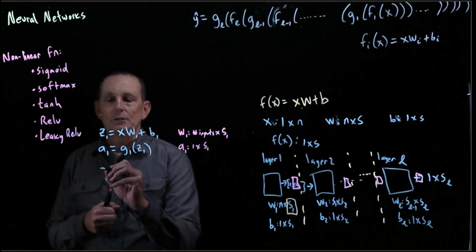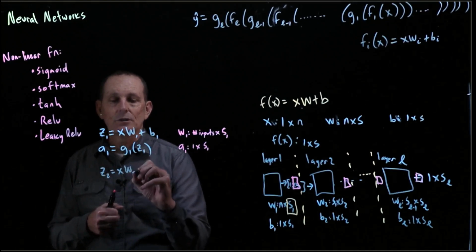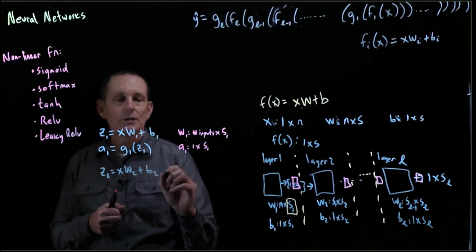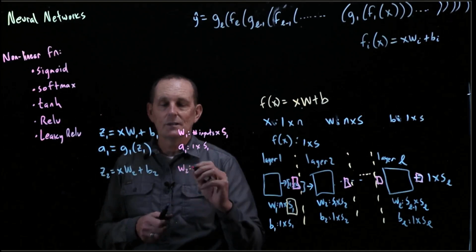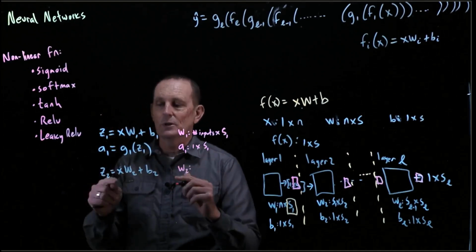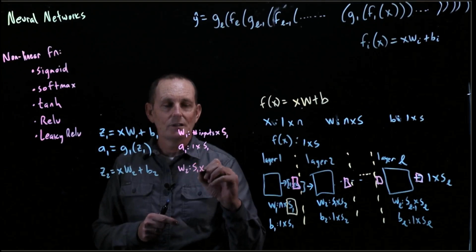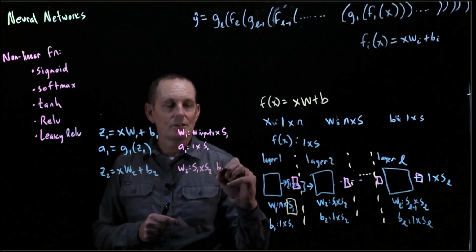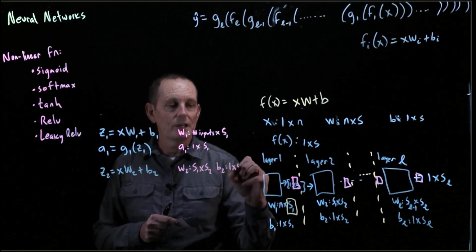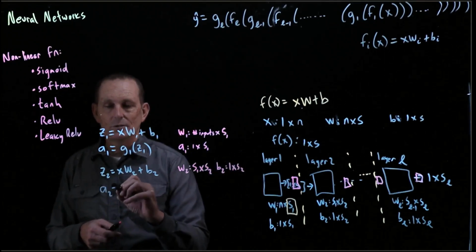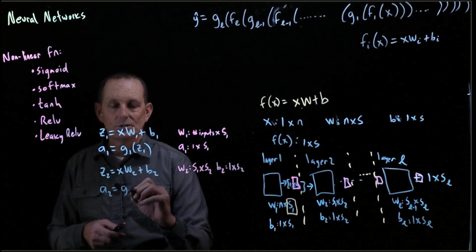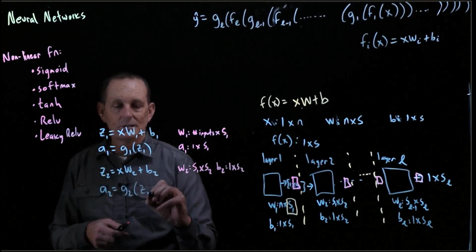And now we can compute Z2 equals XW2 plus B2. How big is W2 going to be? We know it has S1 inputs, so it's going to be an S1 by S2 matrix. B2 is going to be a 1 by S2. And now we'll compute A sub 2 equals G sub 2 of Z sub 2.